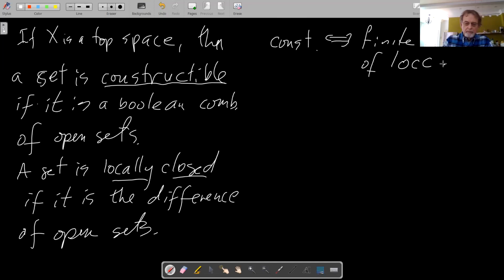Now, what we're going to be doing here is concentrating on expansions of the field of reals by constructible sets. Because some of you might be thinking, well, wait a minute, if my base structure is not o-minimal, then by definition it defines something with infinitely many connected components.